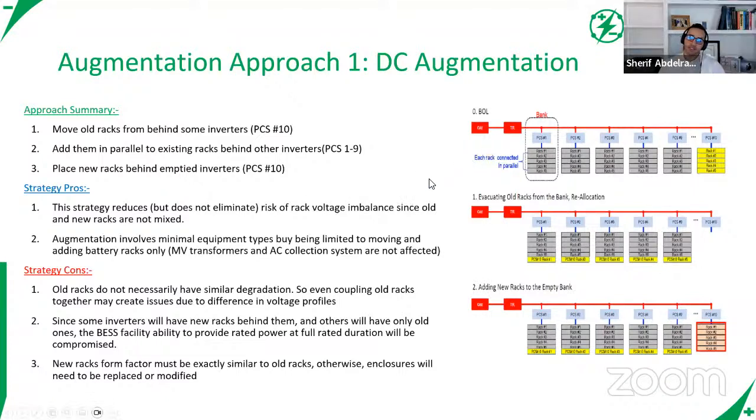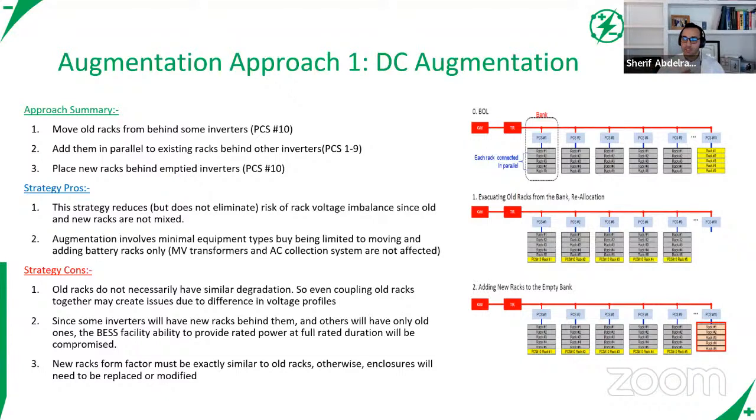I'm not sure if she means price forecasting or load forecasting, but from a modeling standpoint, at least at Duke Energy, we're trying to be as accurate as possible with modeling these battery systems and forecasting and estimating their degradation based on exactly what we plan to do with them.